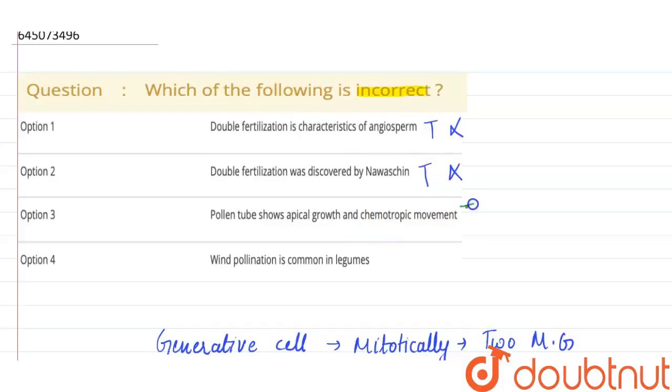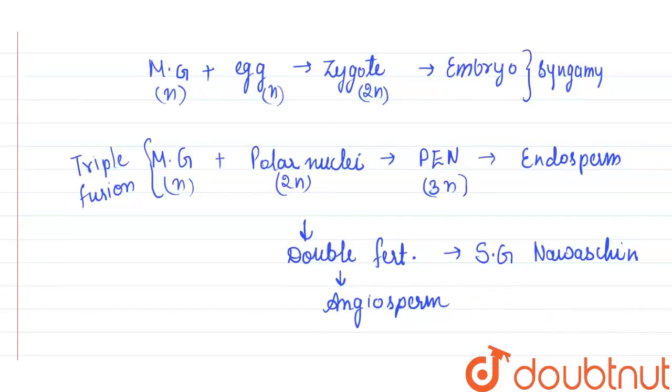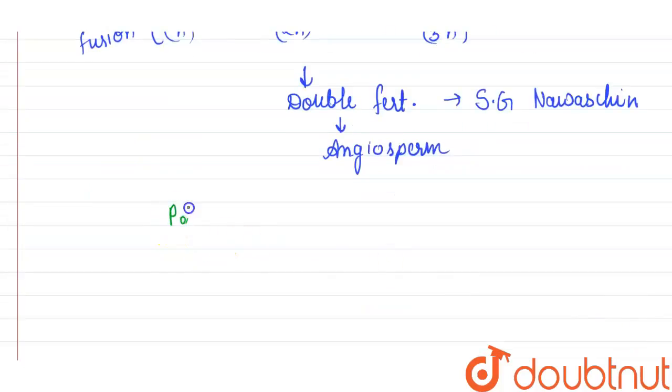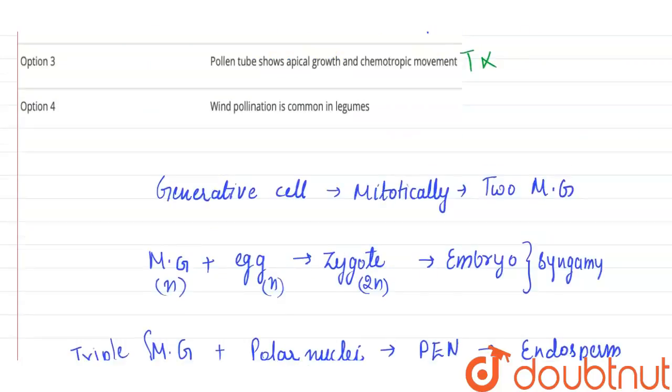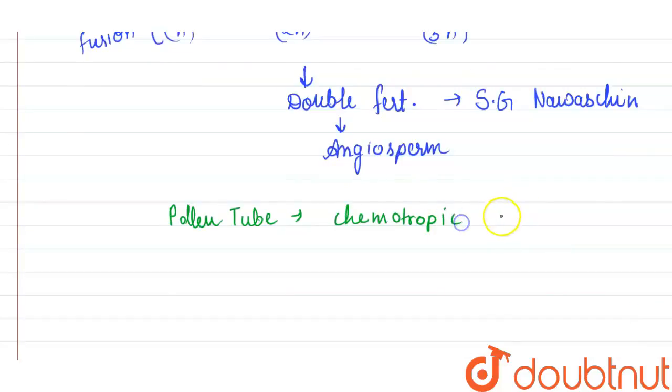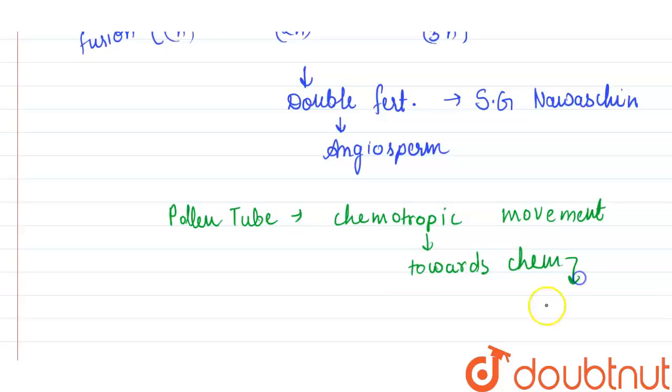Yes, this statement is also true here, as we know that the pollen tube shows chemotropic movement towards the chemical with apical growth.